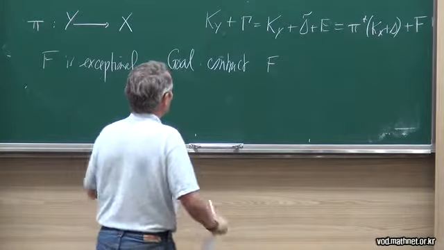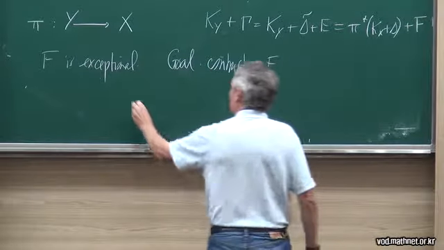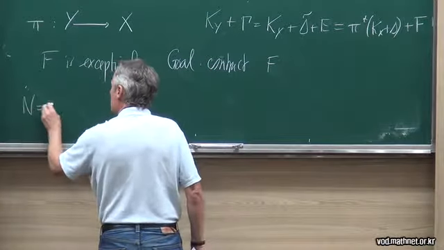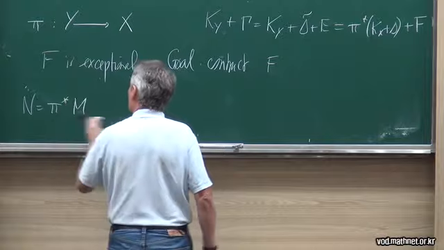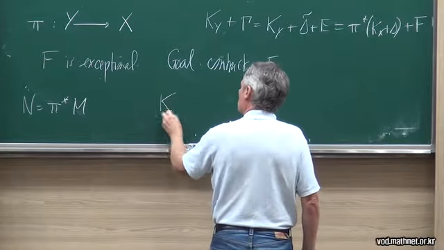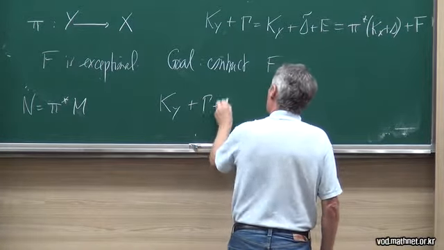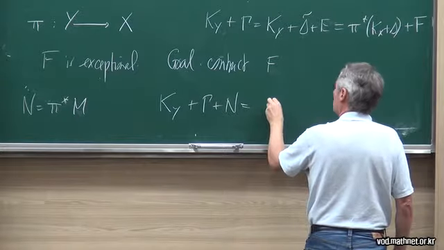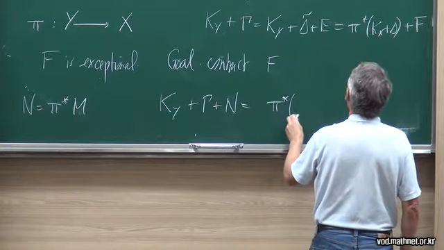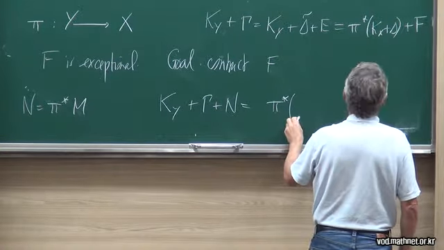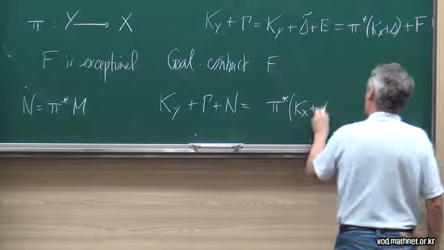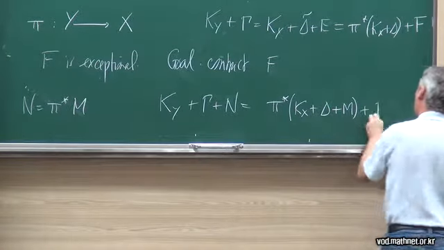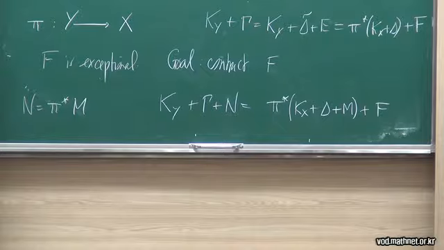So the first thing is, of course, this is true. Let N be pi upper star M, then K_Y plus Gamma plus N is pi upper star of K_X plus Delta plus M, plus F. So the same equation is true because I just added the same thing to both sides.